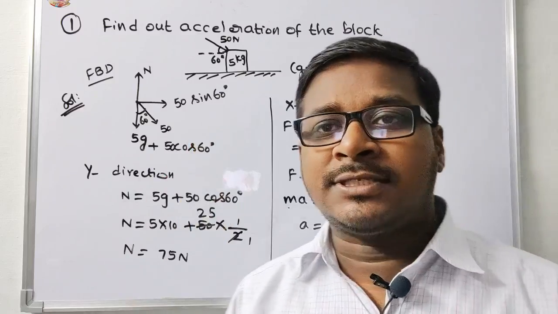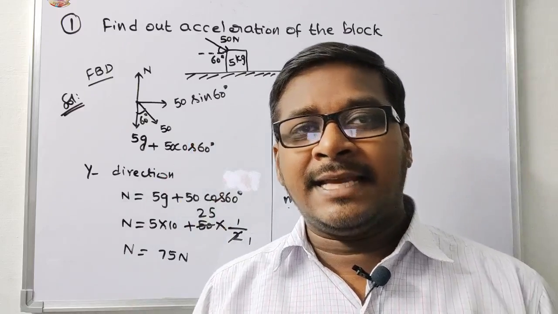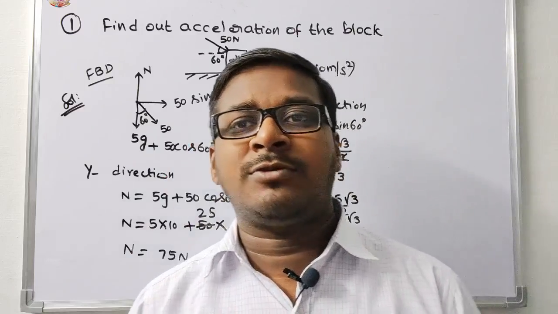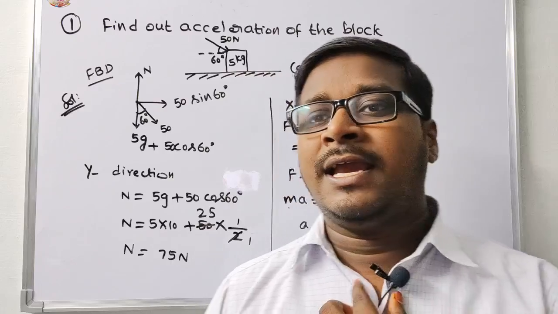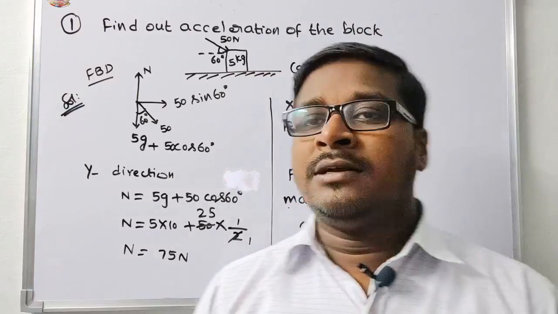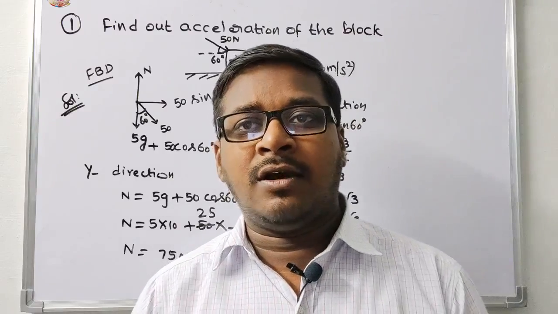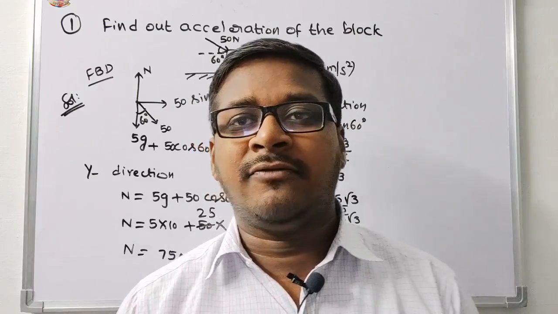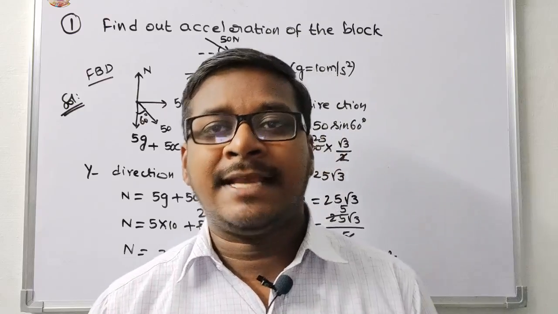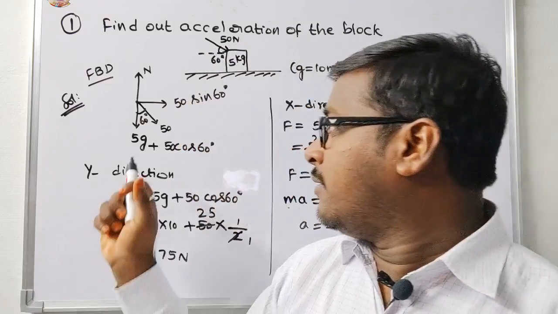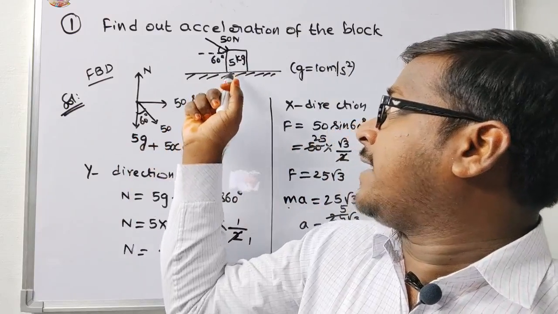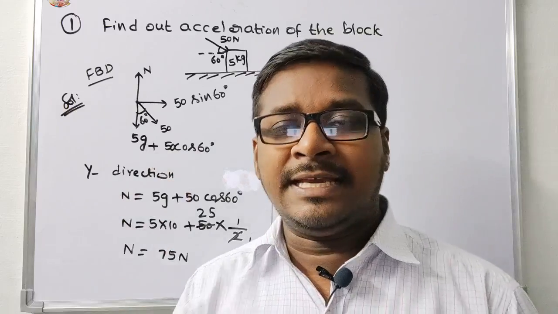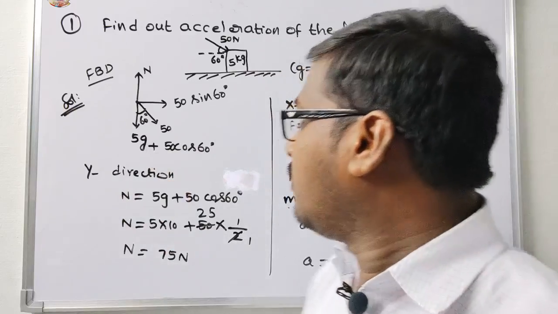The downward force is the force by which the body is attracted towards the earth, called the gravitational force. It always acts vertically downward. W is equal to mg, weight is equal to mass into acceleration due to gravity. With mass 5 kg, 5g acts in the downward direction.